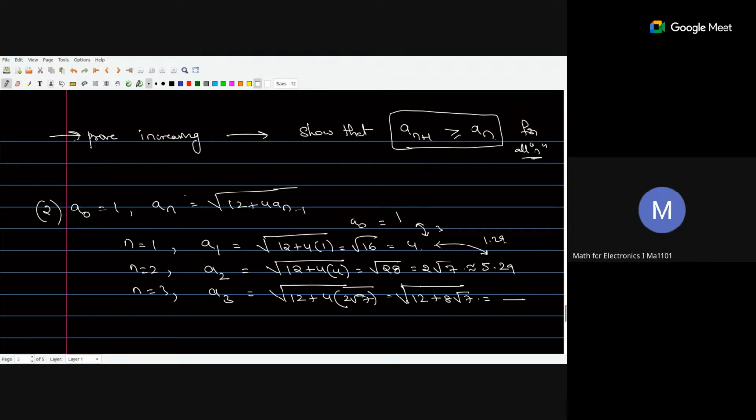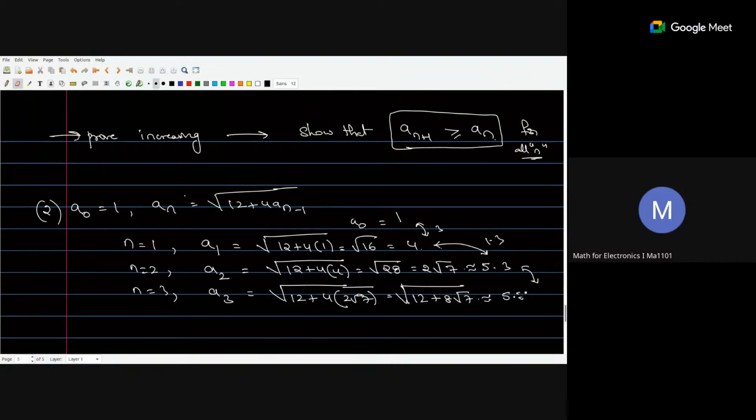And then square root of 12 plus 8 root 7, I'm going to get somewhere 5.758. Okay, you see the difference. This is very close to 0.3, and the previous was 1.3.